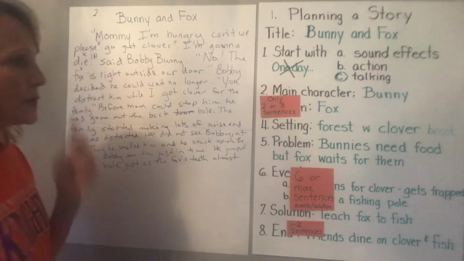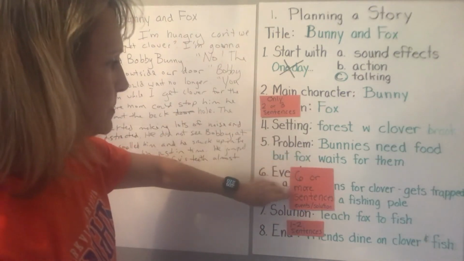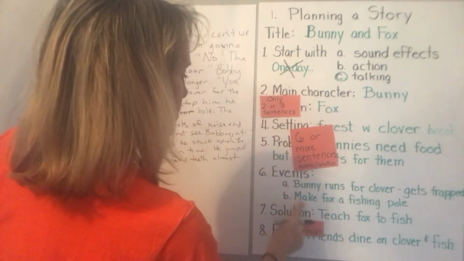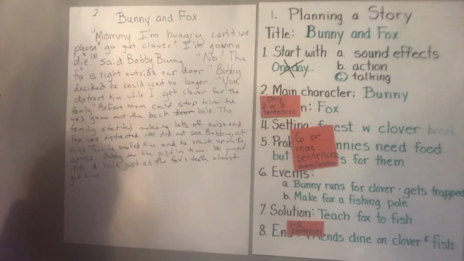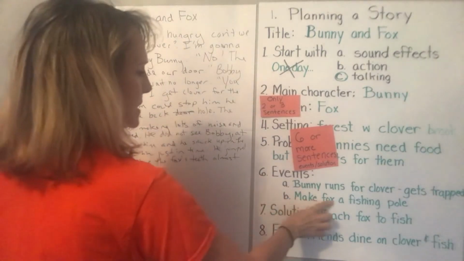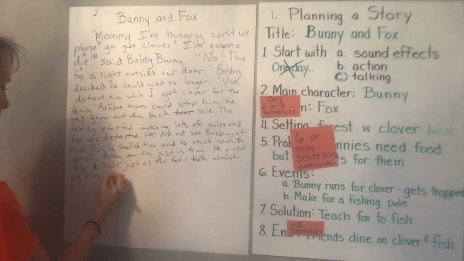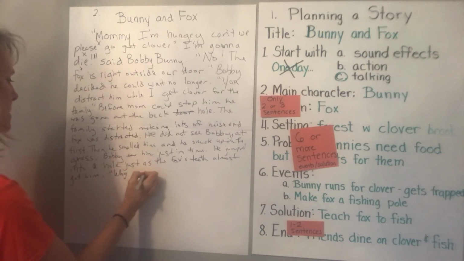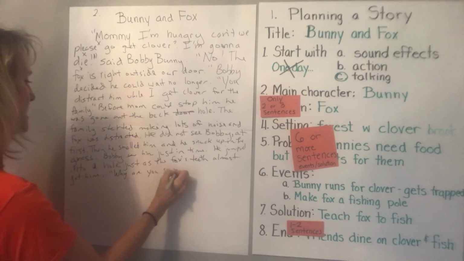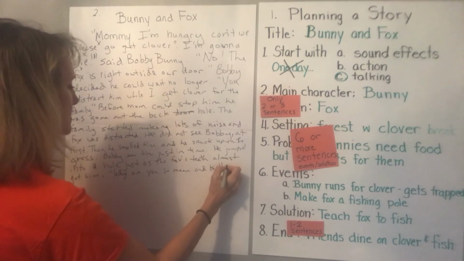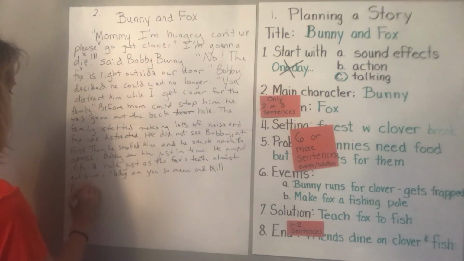All right, so I'm all the way down here to my problem, and oh, that was my first event. Bunny runs for clover and gets trapped, and now I'm on B. B, the bunny makes Fox a fishing pole. So, "Why are you so mean and kill bunnies?" asked Bobby.